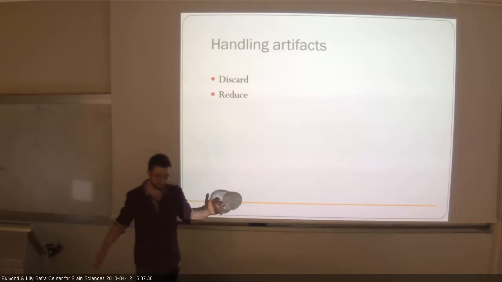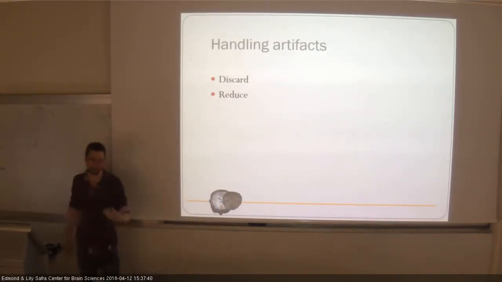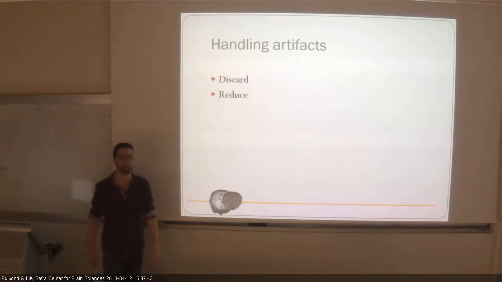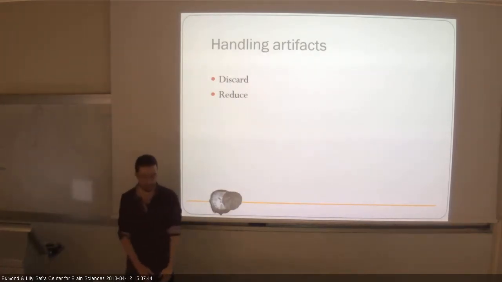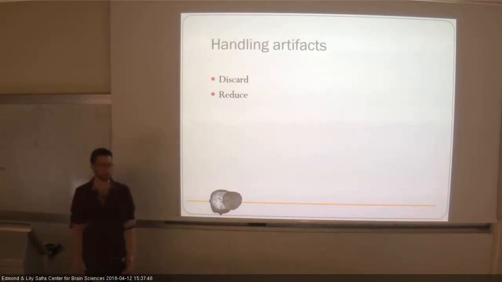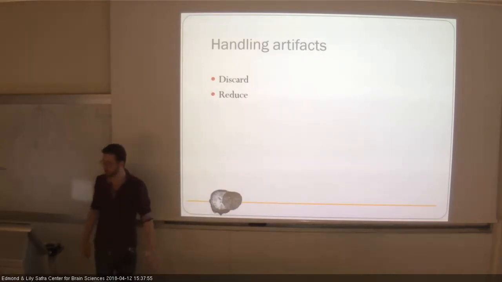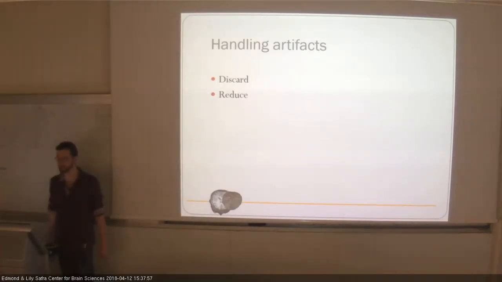So you get this drift, which has nothing to do with the brain activity, which happens on a much quicker scale. This is a very slow frequency component, so you can very easily get rid of it by filtering out low frequencies. You do a high pass filter, maybe 1 hertz, maybe 0.1 hertz, depending on what you're interested in, and you get rid of this artifact.